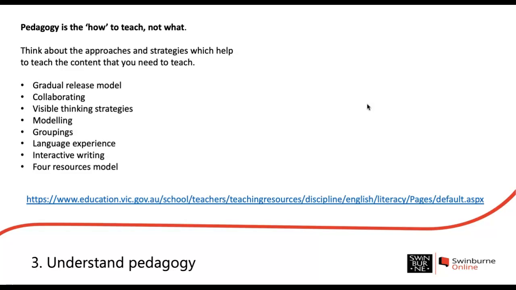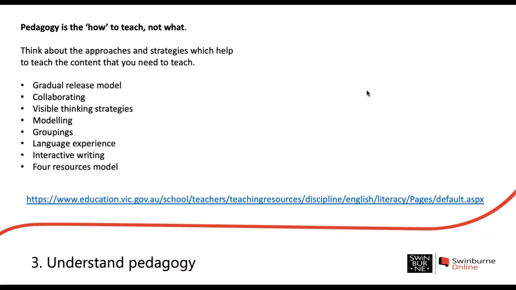So use things like modeled reading, shared reading, guided reading, independent reading, reciprocal reading, literacy circles, buddy reading, and then on the writing side, you use things like interactive writing, shared writing, modeled writing, independent writing. I'm sure I'm missing ones there, but if you go to the literacy toolkit, it will tell you all of the different strategies for writing. But you have to use literacy pedagogy. It is a literacy unit.